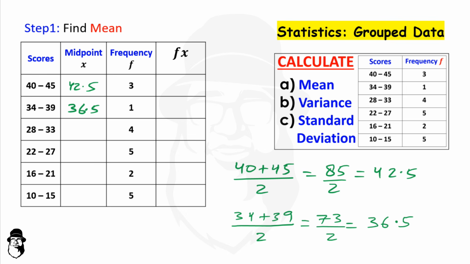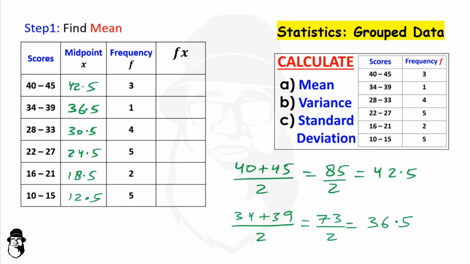So 36.5 minus 6 is 30.5, then minus 6 is 24.5, and minus 6 is 18.5, then minus 6 is 12.5. So we have all these midpoints here.